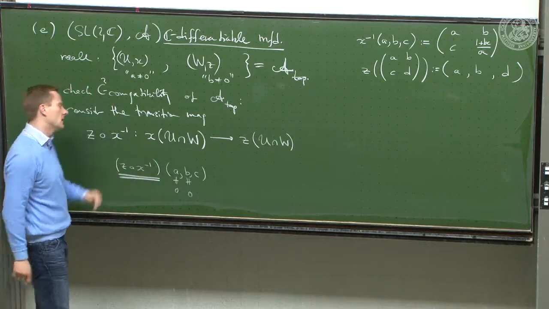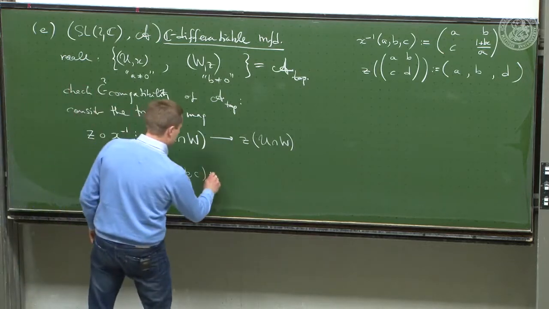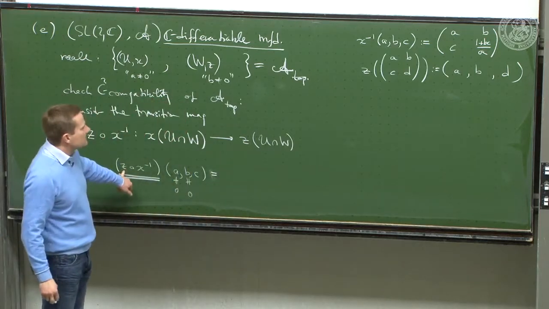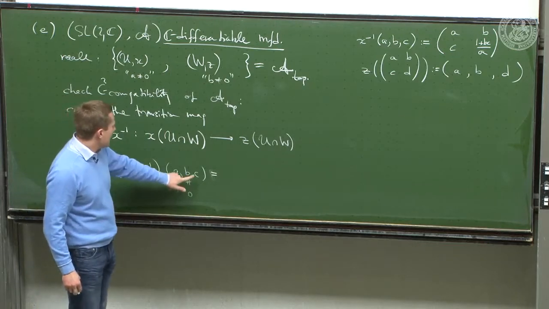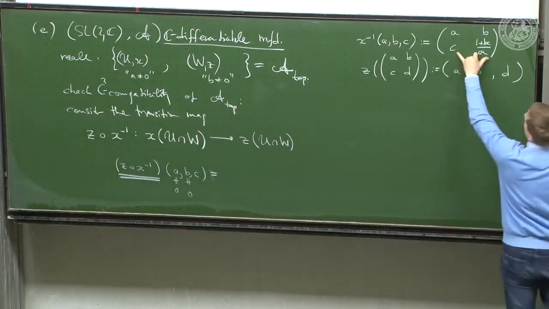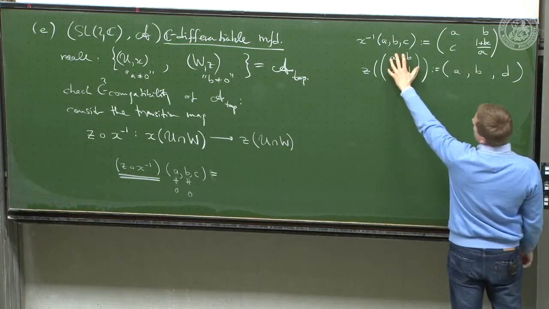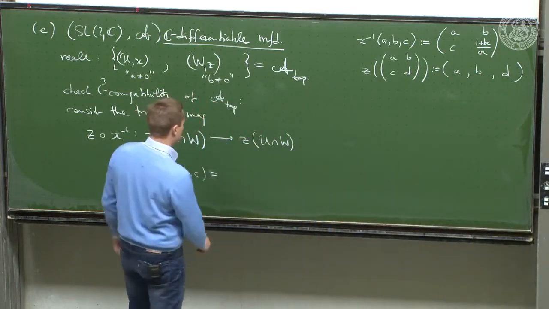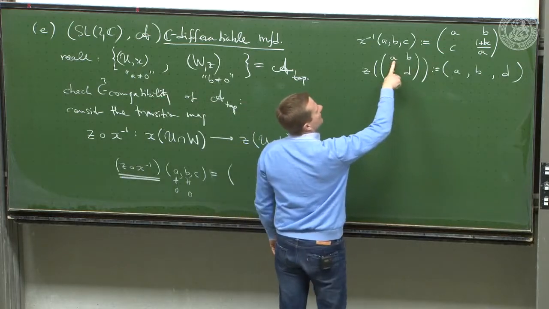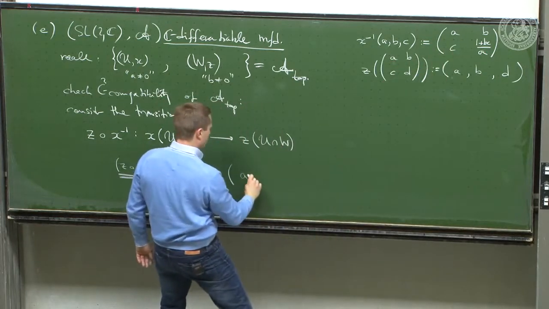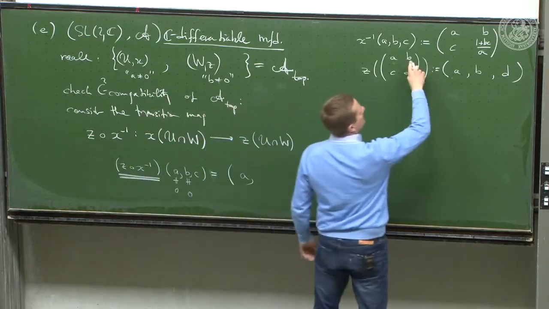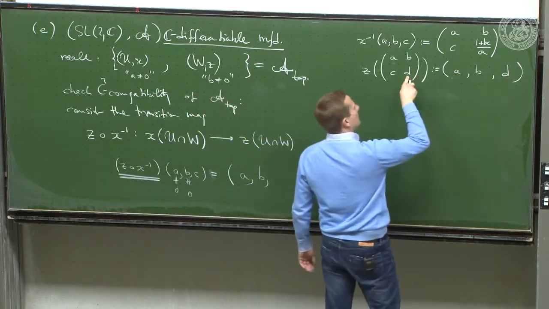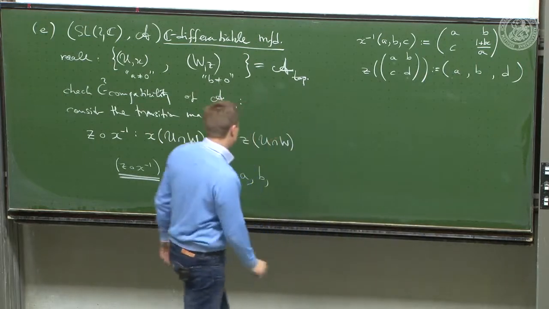So we take the Z after we made the point out of A, B, C, plug it in, and follow this rule. What we get is the first entry, which is an A, comma, then the second entry, which is a B, and then the entry down here, which in this case is 1 plus BC over A.